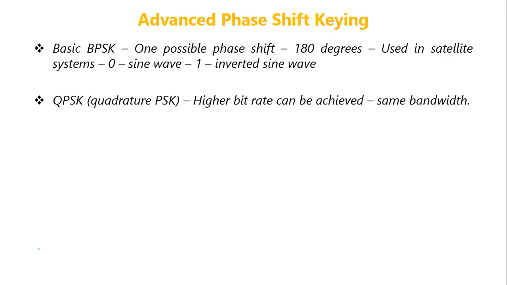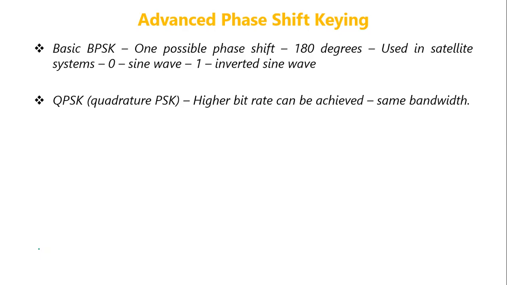One of the techniques under advanced phase shift keying is QPSK. QPSK stands for quadrature phase shift keying. Using this, a higher bit rate can be achieved with the same bandwidth.